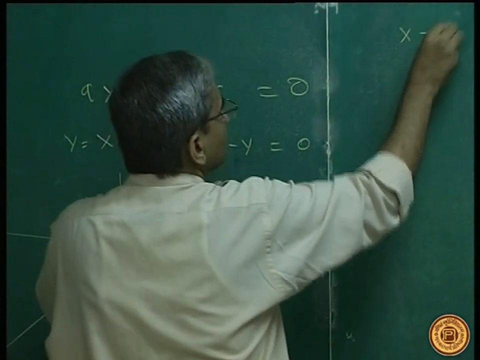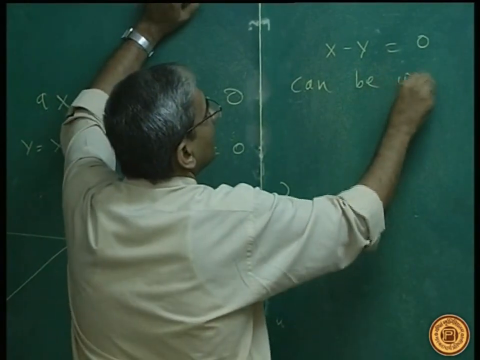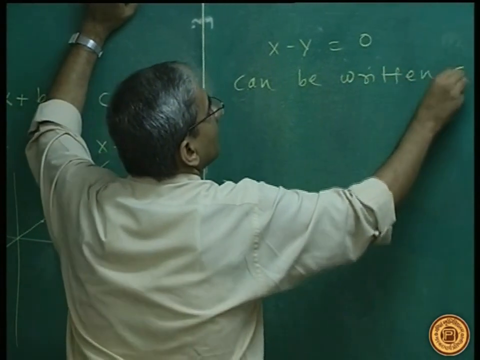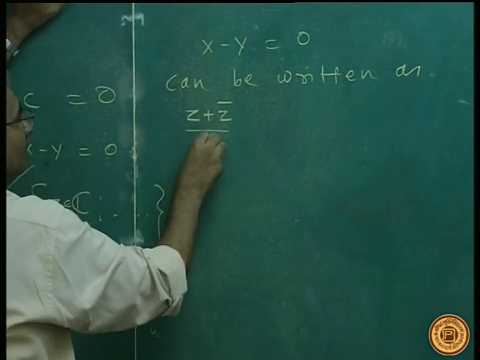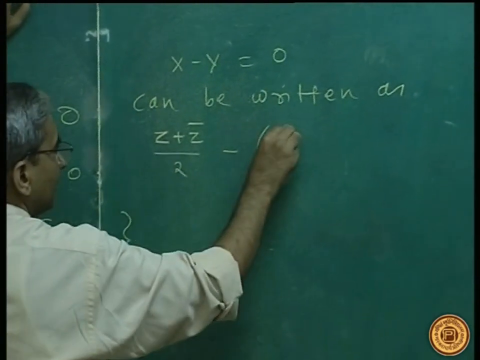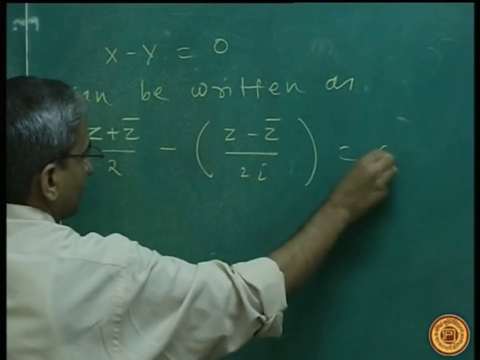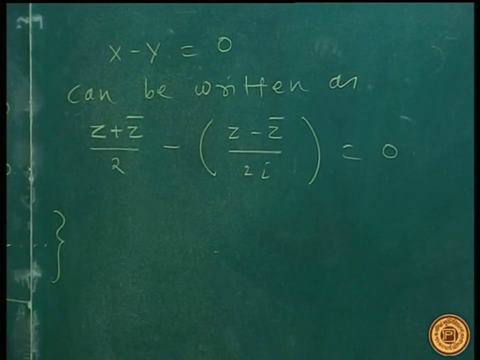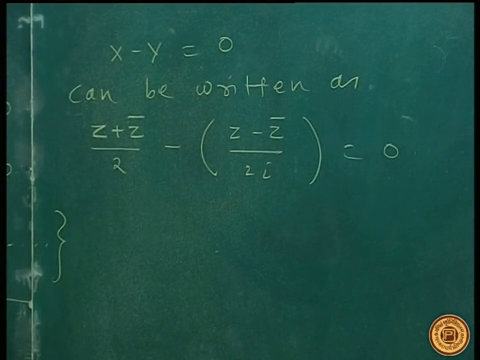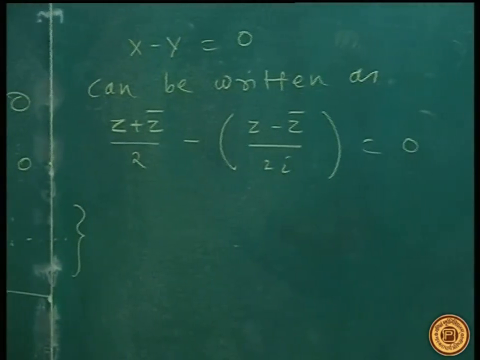So x minus y equal to 0 can be written as (z + z bar)/2 minus (z minus z bar)/2i equal to 0. I have just substituted x equal to (z + z bar)/2 and y is equal to (z minus z bar)/2i.